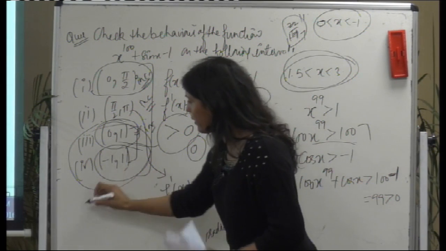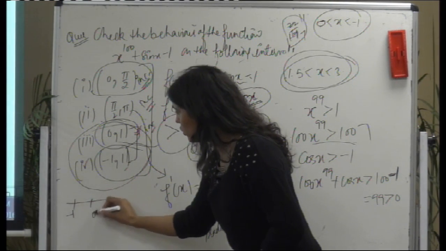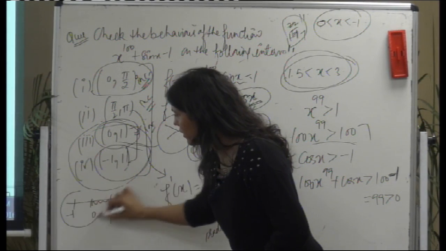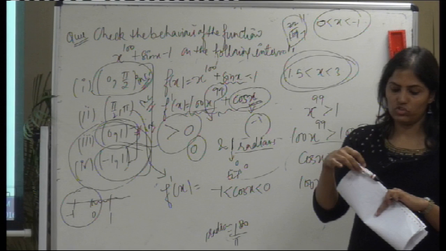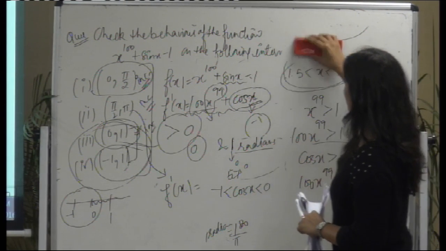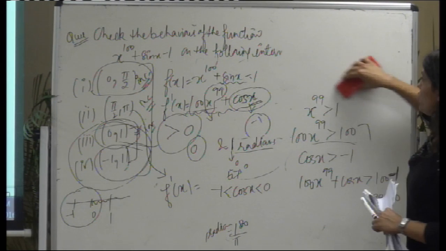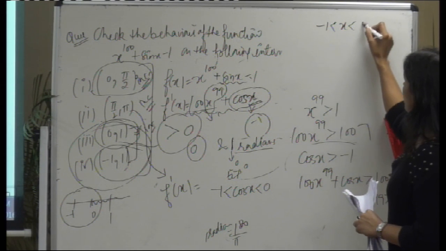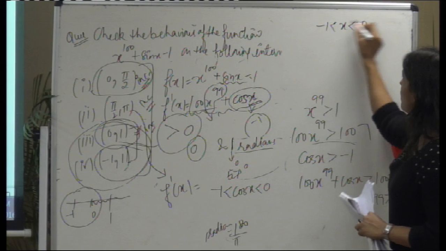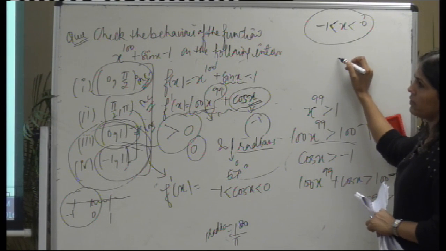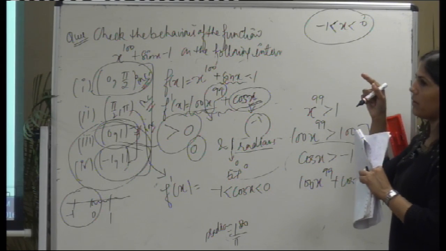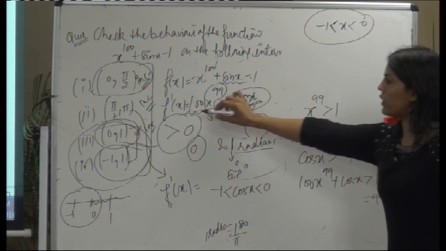I'll break it into minus 1 to 0 and 0 to 1, and check the behavior in each. For minus 1 to 0, x lies between minus 1 and 0, so x to the power 99 also lies between minus 1 and 0. So this value is negative.